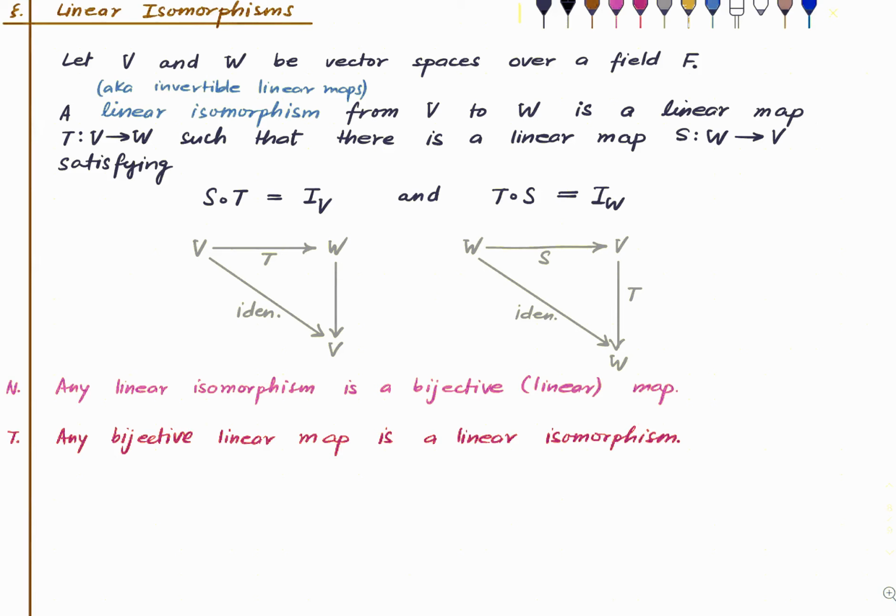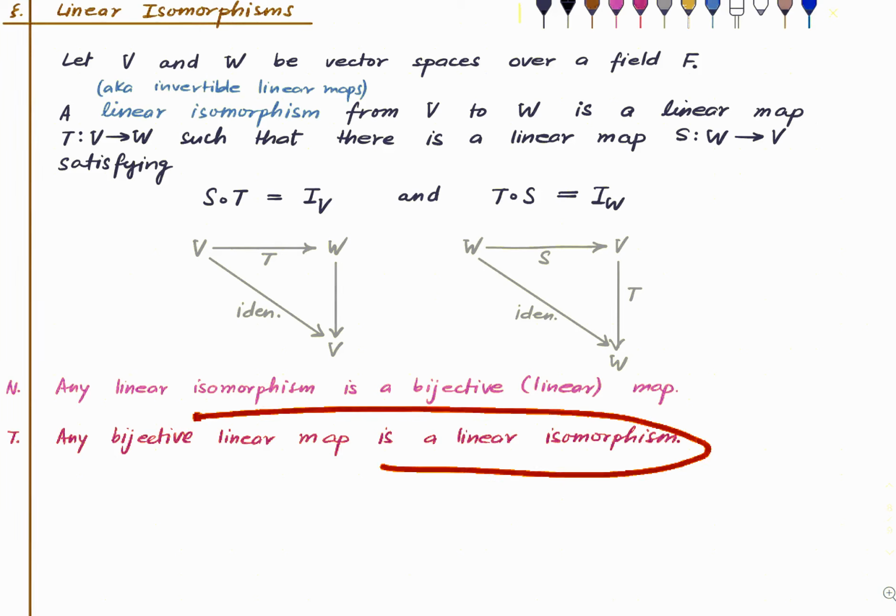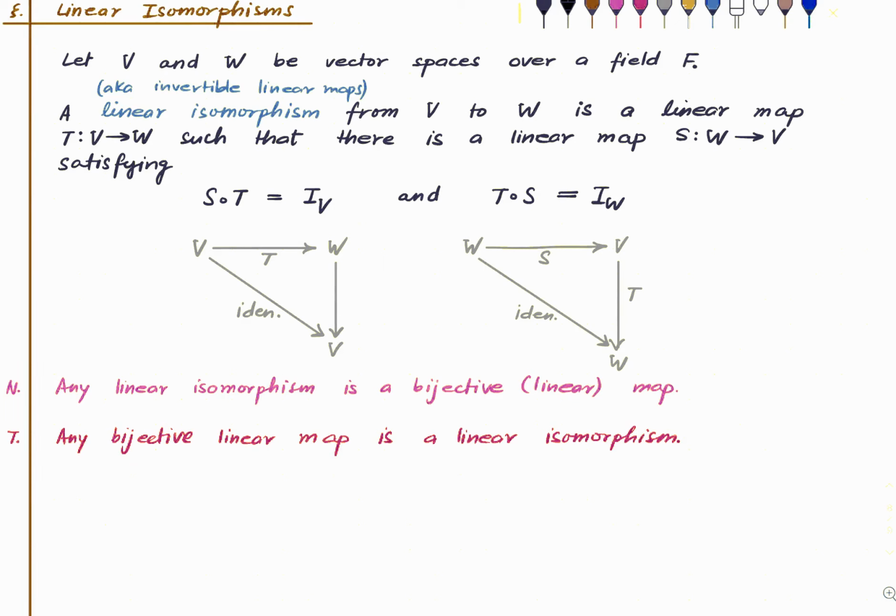So why is it that any bijective linear map is a linear isomorphism? I won't write the full details, but here is the thing. Let T be a bijective linear map, and we want to show that it is a linear isomorphism.